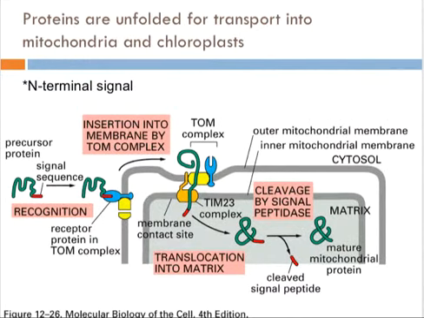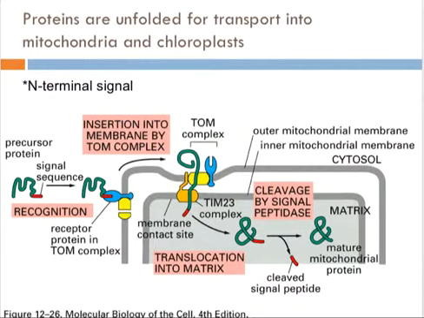So the process of importing, it is a one-way transport. Importing proteins into the mitochondria and chloroplasts is going to start with an N-terminal signal sequence. So this is, remember, the very first thing made in a protein, the N-terminal.